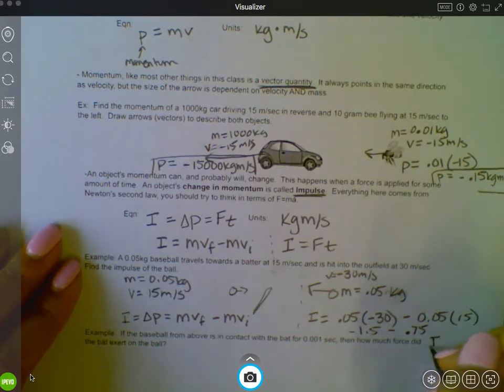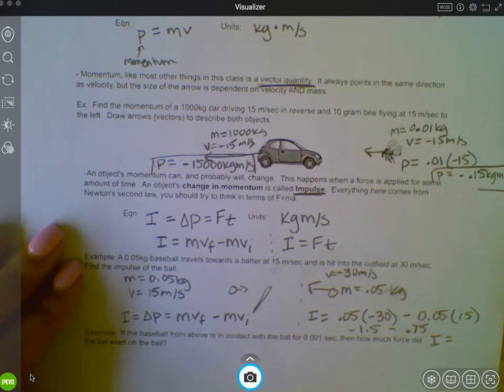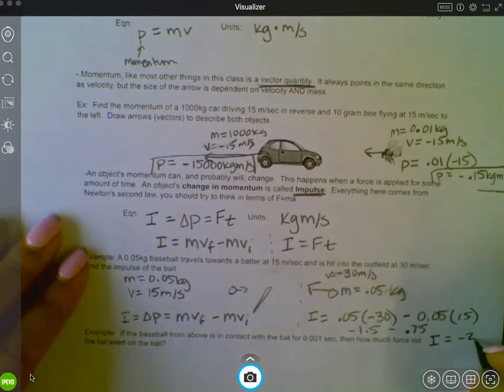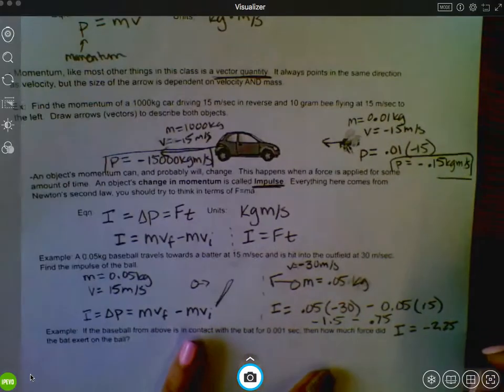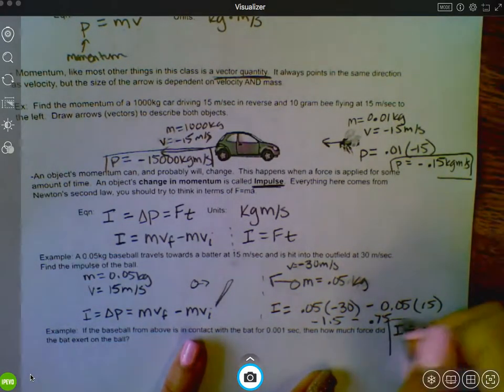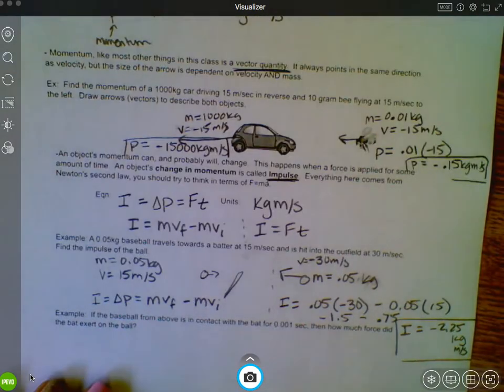So in this case, impulse is negative 1.5 minus 0.75, and I get negative 2.25 kilogram meters per second. So that's the impulse of the ball.